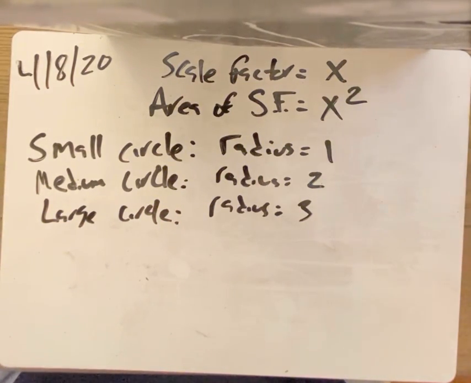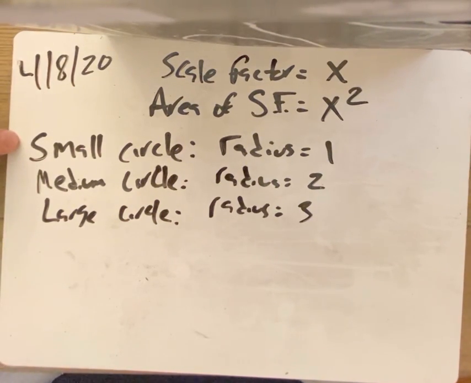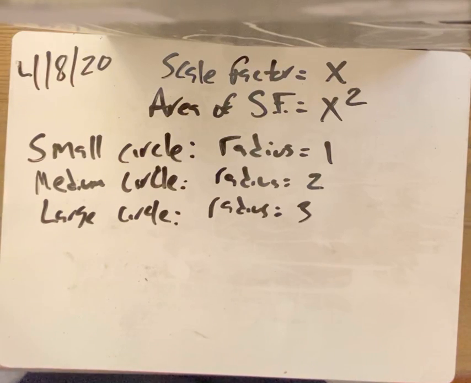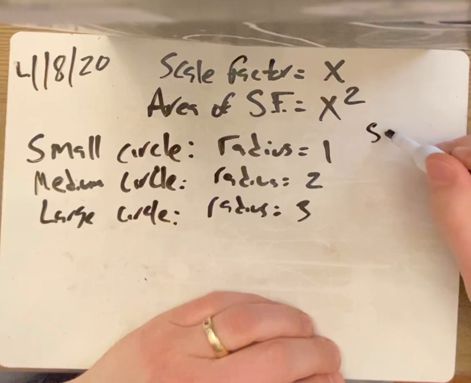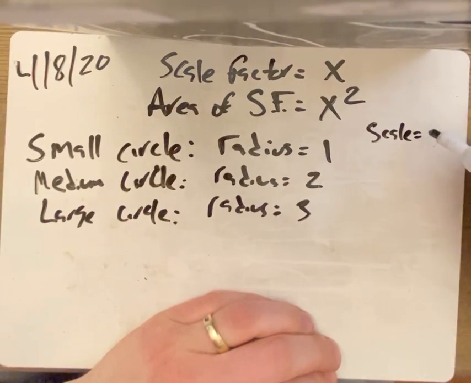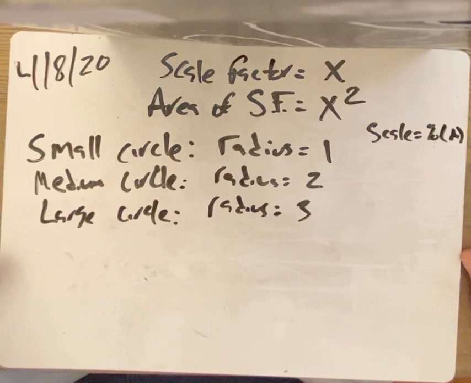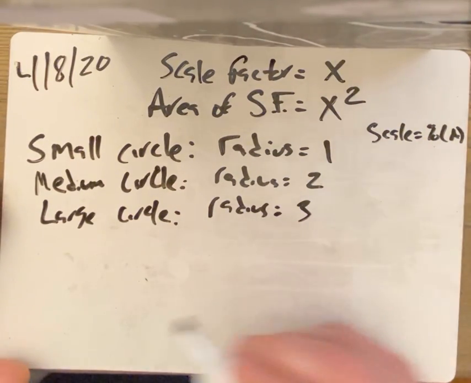First we're going to get the scale factor of the small circle. We know that the big circle is the actual, and all the ones on the inside are small. So again, scale equals percent times actual. Let's do the small.